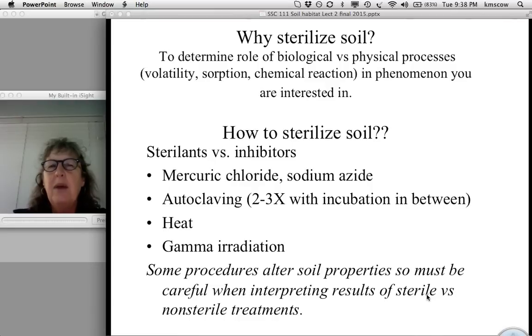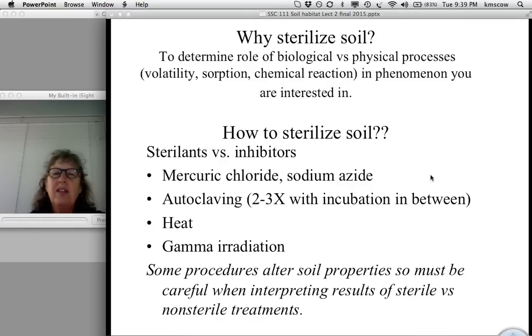But actually what you might be looking at is not a biological process, but the chemical might be just volatilizing, or it might be sorbing to the organic matter and still be there, but your extraction method can't pick up the sorbed phase. Or it could be a chemical reaction that's going on, and it has nothing to do with biology. So if you sterilize soil, you can then compare the non-sterile biologically active soil to the sterile soil.